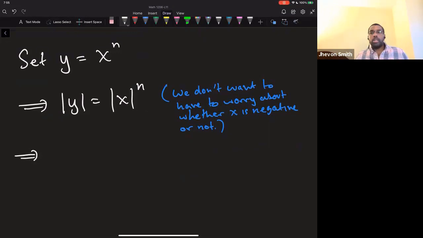Why would I log both sides? Because as I just mentioned, the power is going to be annoying. So if you had like x to the 1000 or x to the radical 2, that power is going to be annoying. But we all know from like forever ago, being last week, that whenever you have an exponential, you have a power that's giving you trouble, you can use logs to get rid of it. So that's what we're going to do. We're going to log both sides.